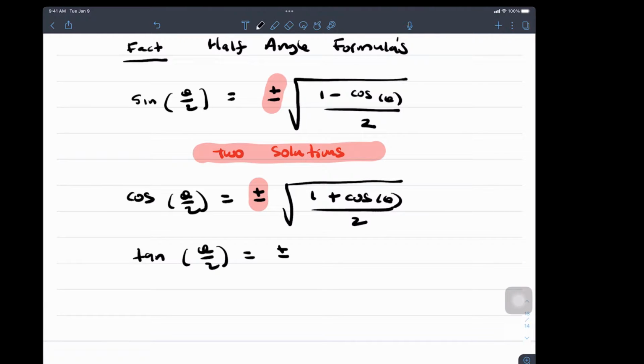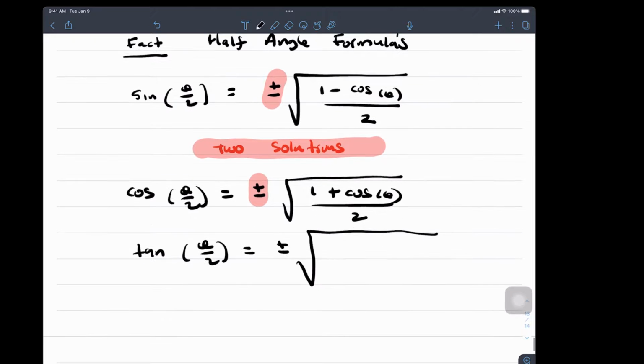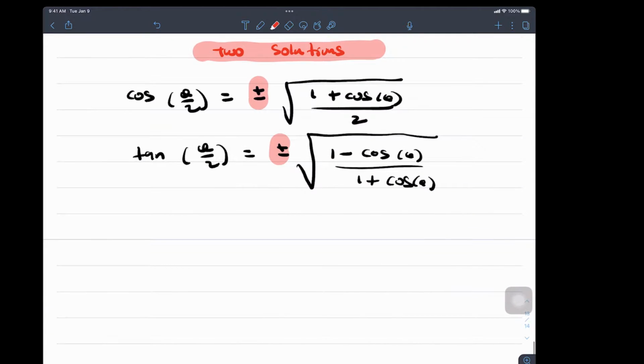Plus or minus the square root of 1 minus cosine theta over 1 plus cosine theta. And again, you have this plus or minus here. And like I'm saying, we have 2 solutions.